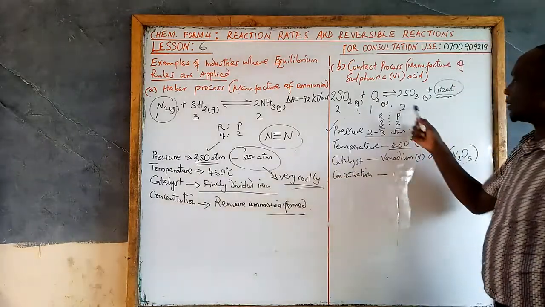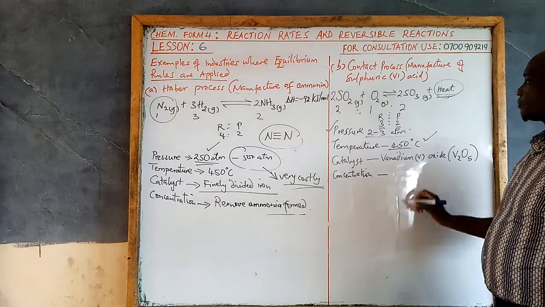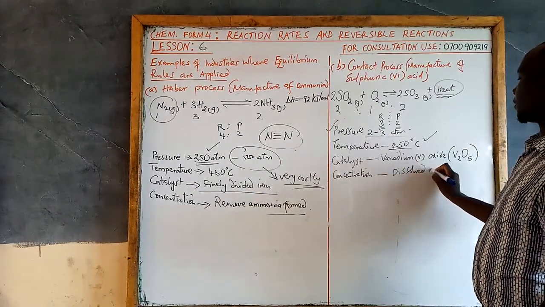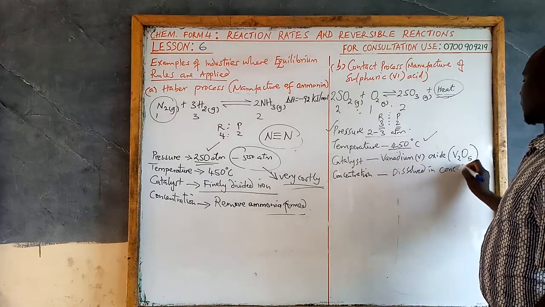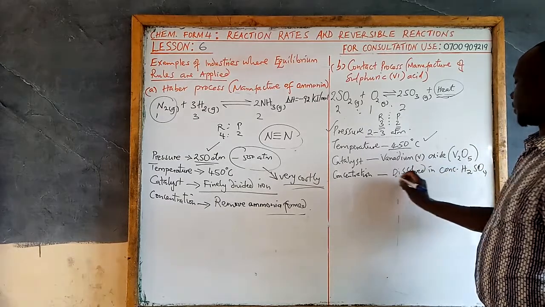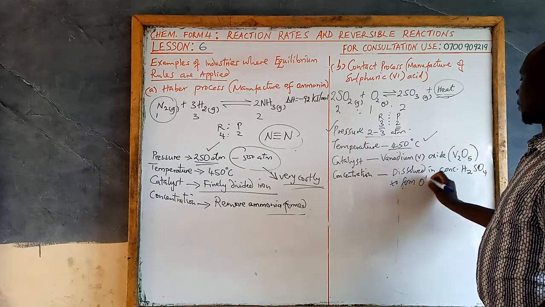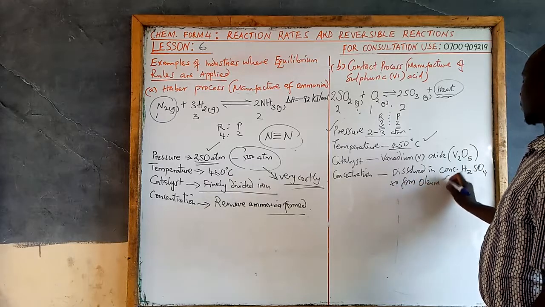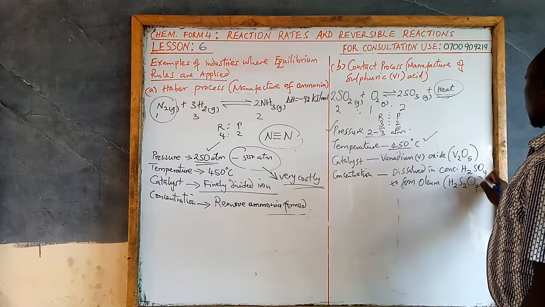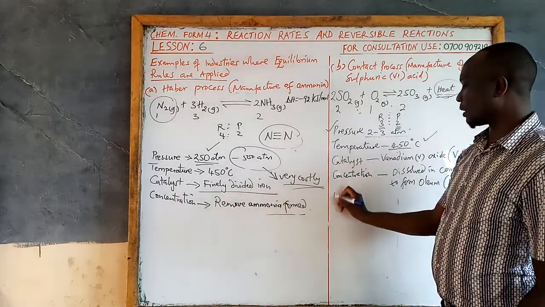By constantly removing sulfur 6 oxide formed, in this case, the sulfur 6 oxide is dissolved in concentrated sulfuric 6 acid to form oleum, which is then diluted in water to form sulfuric 6 acid.